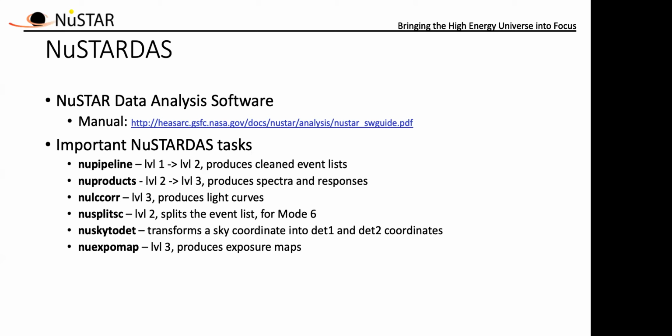In order to get the correct corrections in there, you need to use the light curve procedure that you have in NuSTAR. Then there's something called nusplitsc. I'll talk about that later. And there are a couple of other commands that are useful, especially numkexpomap. If you're doing extended targets, you'd have to know about that.